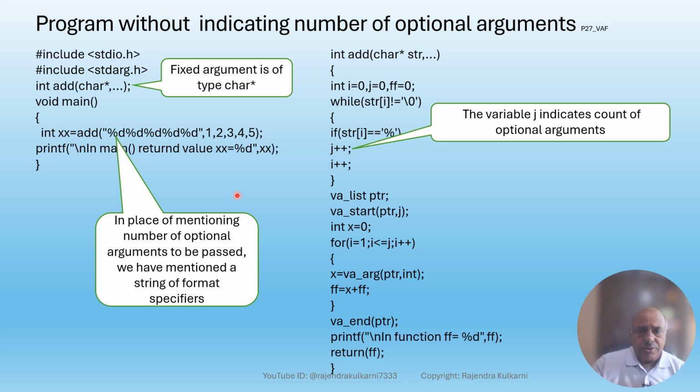Then it's a simple for loop. For i is equal to 1; why we are putting 1 here is because as soon as va_start(ptr) is executed, ptr will start pointing to the first argument of the list of optional arguments we are going to pass.